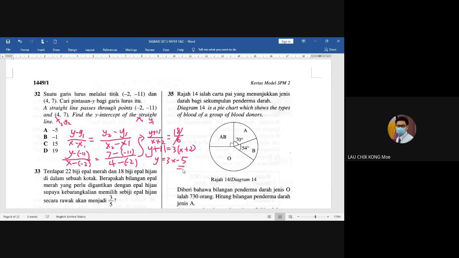So from here c is -5, so the answer should be A.